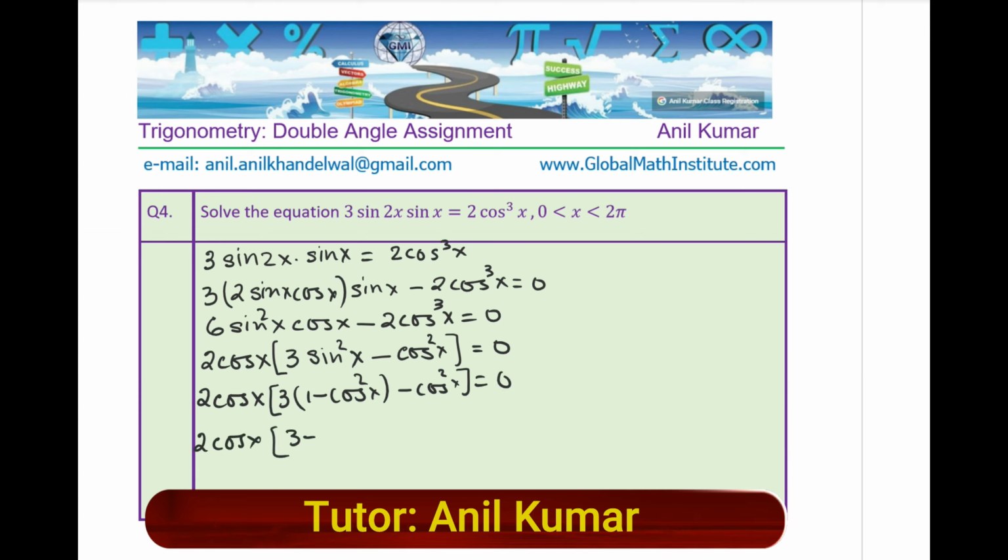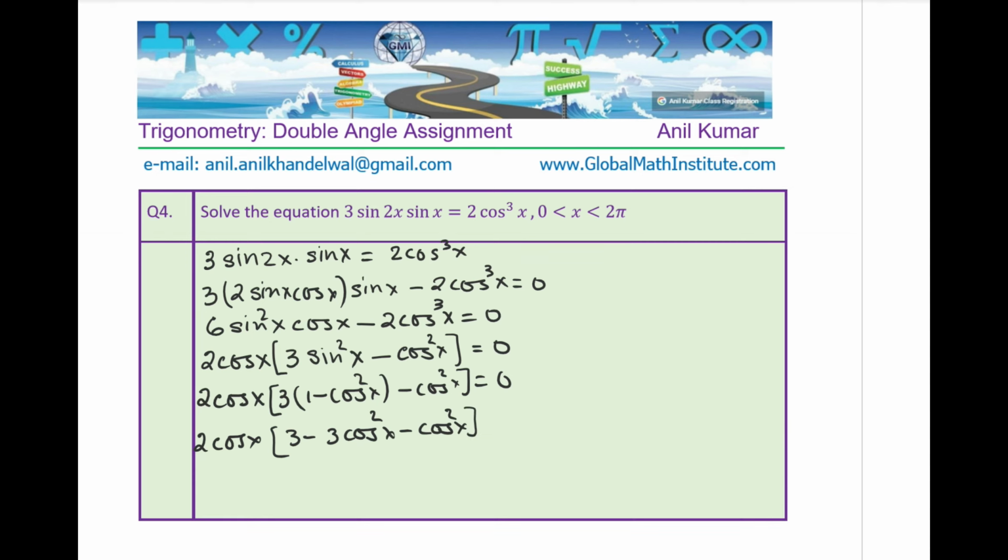So we have 3 minus 3 cos square x minus cos square x equals 0. So we have 2 cos x, and here 3 minus 4 cos square x equals 0. So that means we can now equate these and find our solution.